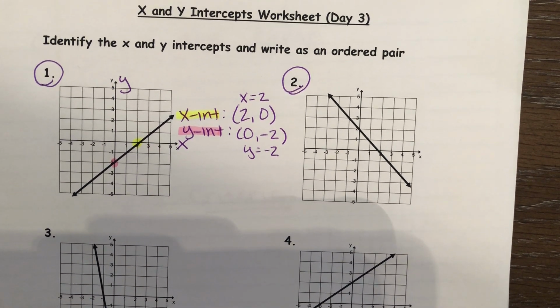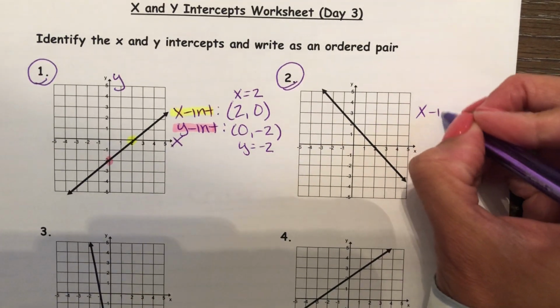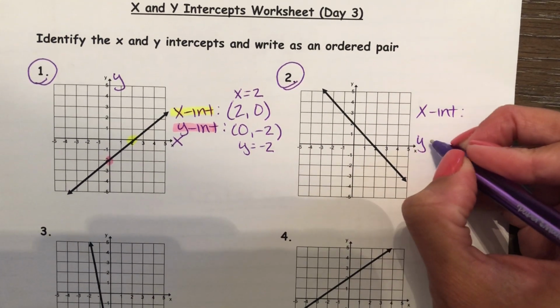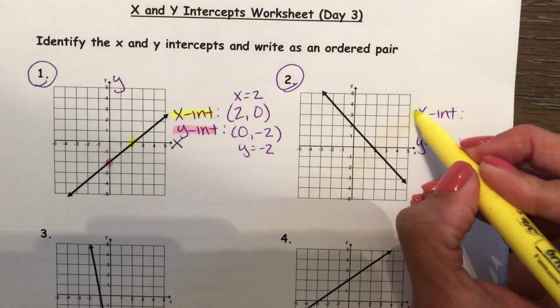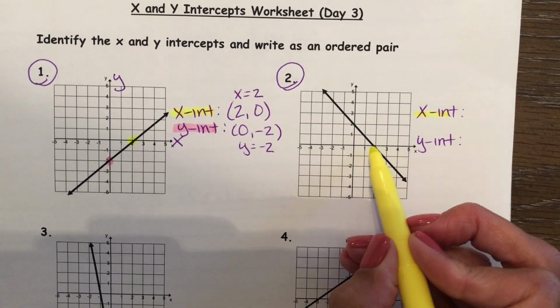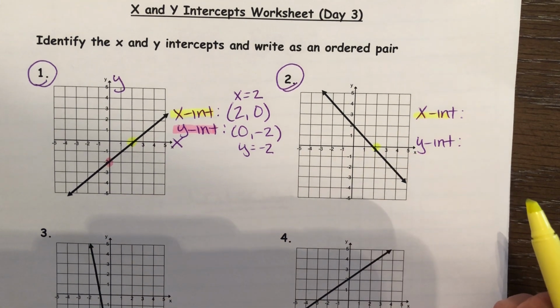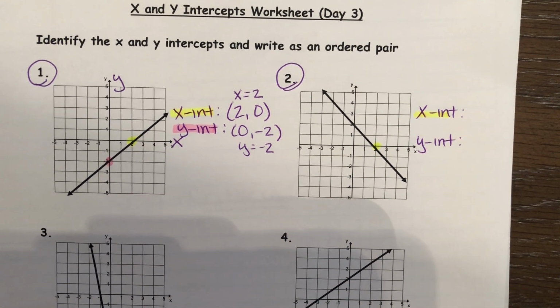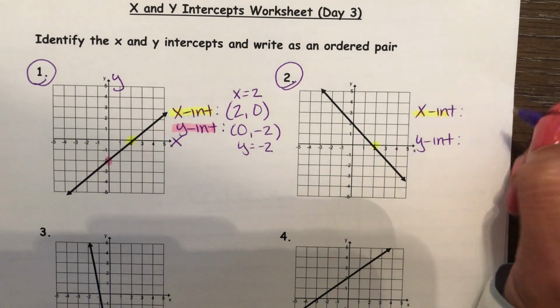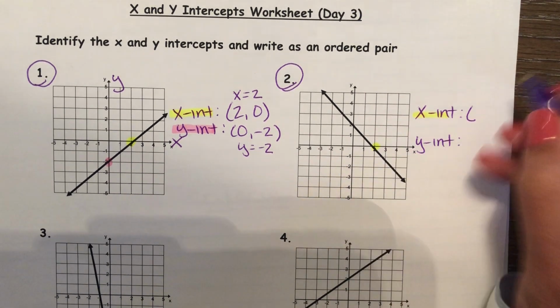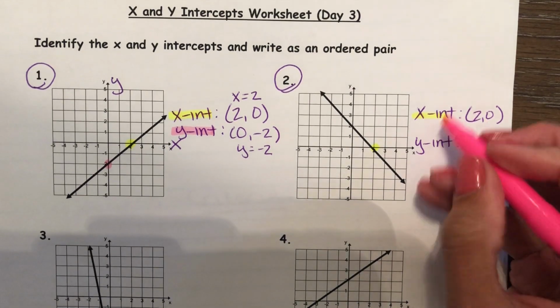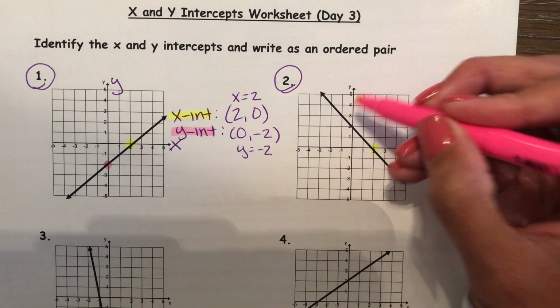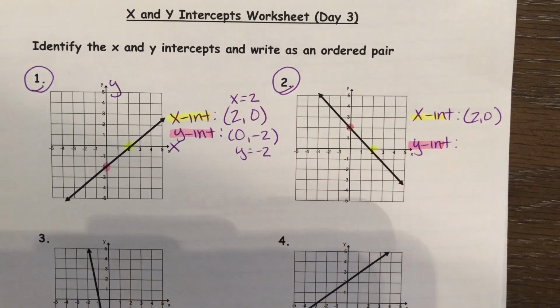Let's do one more example. Looking at number 2, I'm going to find the x-intercept first, and then the y-intercept. For the x-intercept, I'm looking at the x-axis here, and I see it crosses over at 2, so this is the point (2, 0). Then I'm going to look at the y-axis here, it crosses over up at +2.